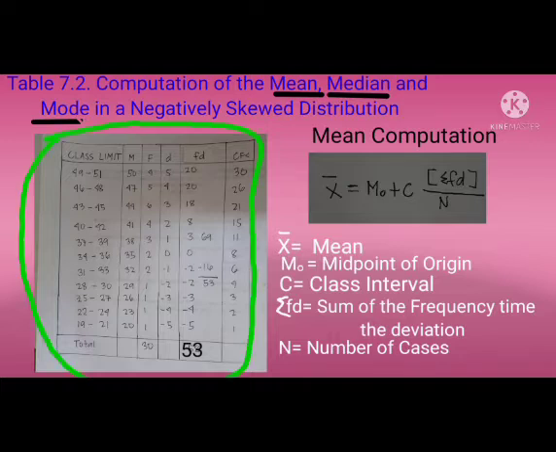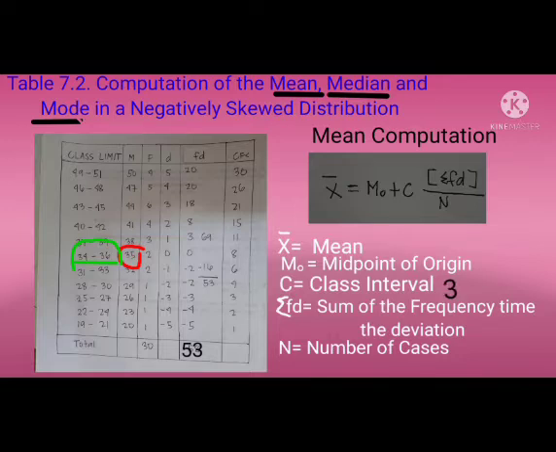In this table, 34 to 36 is our class interval, and our midpoint origin is 35. Next is our class interval, the number of intervals between 34 to 36: 34, 35, 36. So our class interval is 3, times the summation of the product of frequency and deviation.